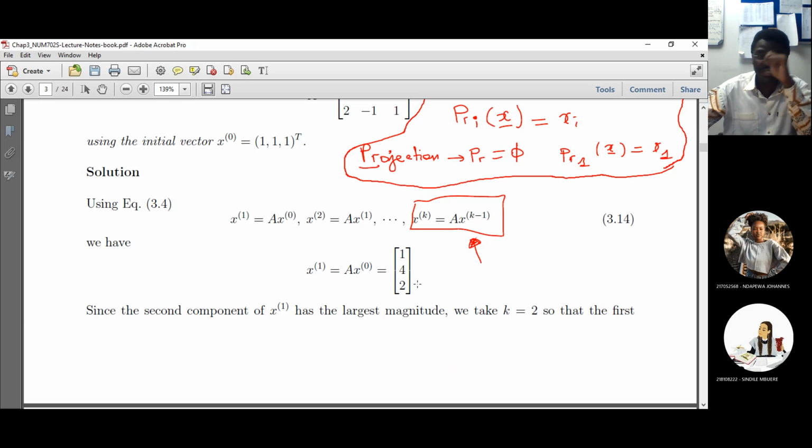I say magnitude, I didn't say largest value. I forget about the sign. If it's negative, I take it, provided in magnitude it is the largest. Then I project along that component. Like in this case, it's 2, right? i is equal to 2.